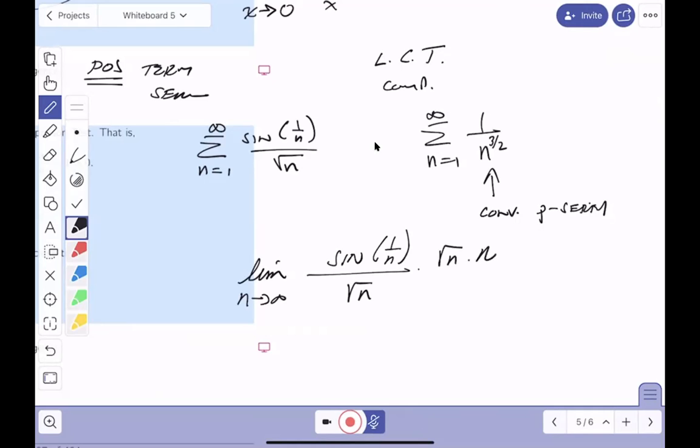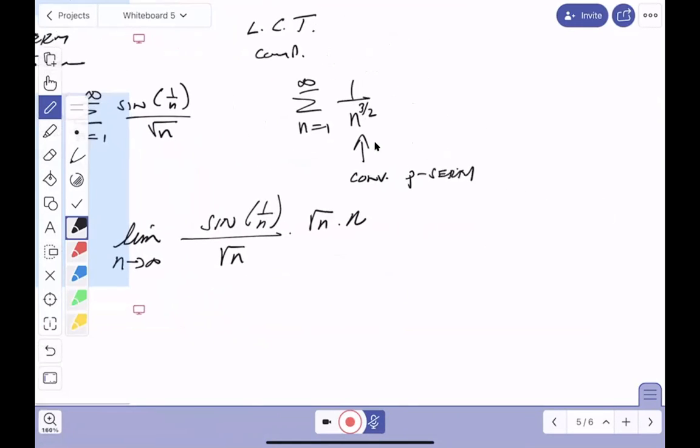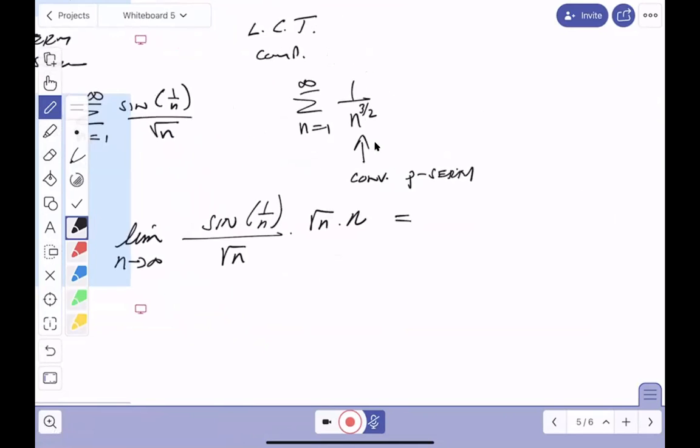Hey, this looks like the past problem. What do you get over here? Limit n goes to infinity, n times sine 1 over n. I'm going to write this a little differently. I know we just did it. I can't have to do it again.